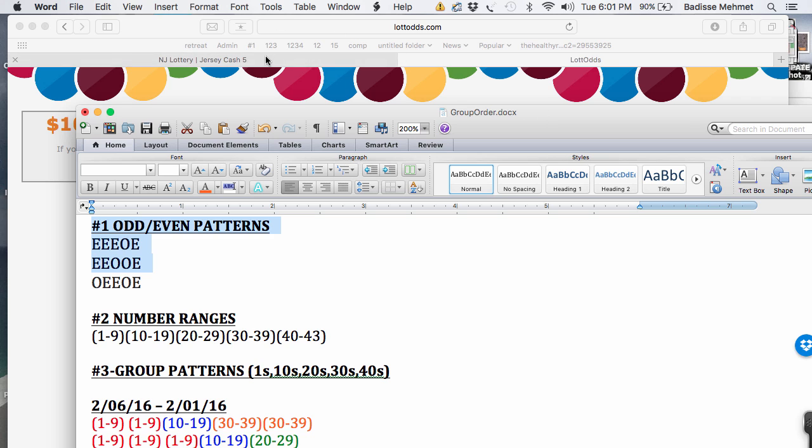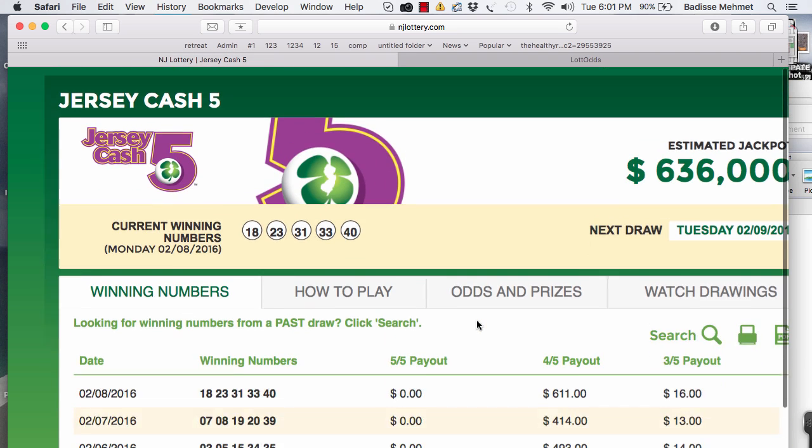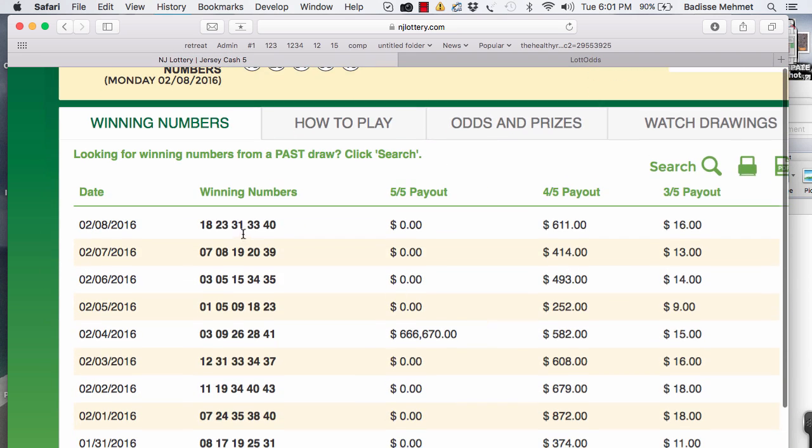And when I say odd, even patterns, I mentioned this in past videos. When you look at any lottery numbers, you'll have a foundation that every lottery number sits on, and it'll be an odd, even pattern foundation. I think a lot of people could easily determine that by just looking at the numbers. You've got even, odd, odd, odd, even, and they differ.